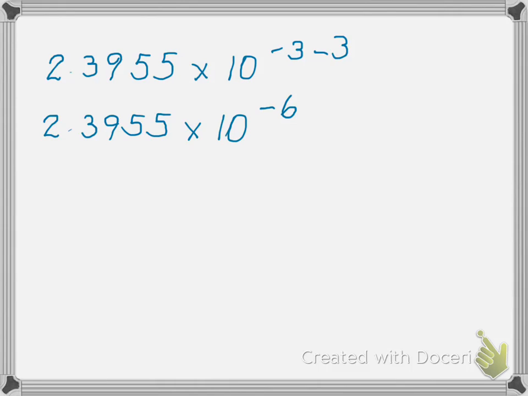Altogether we have 6 negatives. And that is scientific notation because the point is to the right of the first non-zero digit, and we're multiplying by 10 to the power of something. So there we have it.